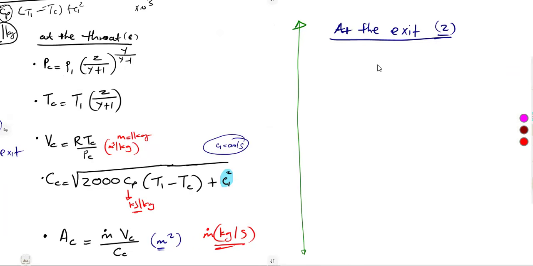We do not have a lot there. T2 is equal to T1 into P2 over P1 to the exponent of gamma minus 1 over gamma. This is from our gas laws.